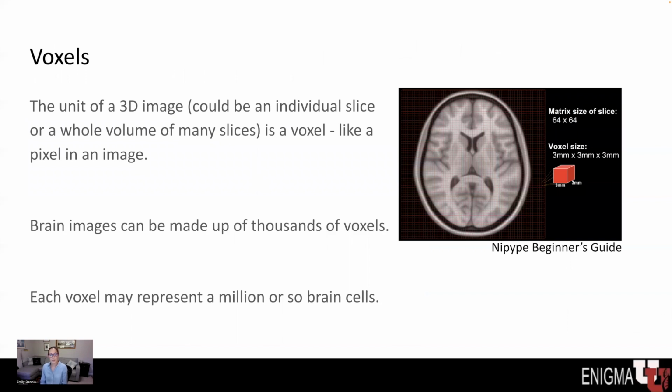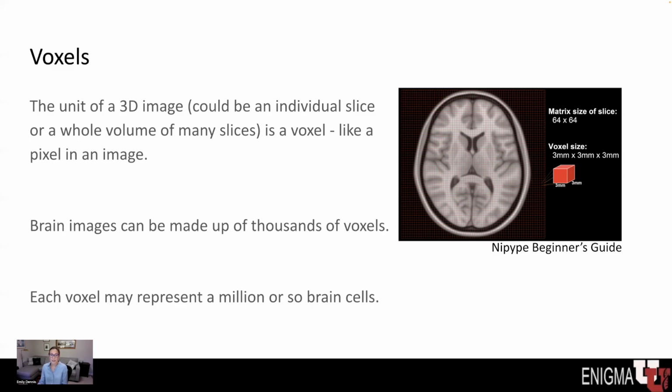This is very much like a pixel in an image. It's just the individual box size. How good is your resolution? So in this example here, each of these boxes is 3 millimeters in the brain. Often, especially with the standard anatomical imaging that we get, a pretty standard resolution is 1 millimeter cubed.